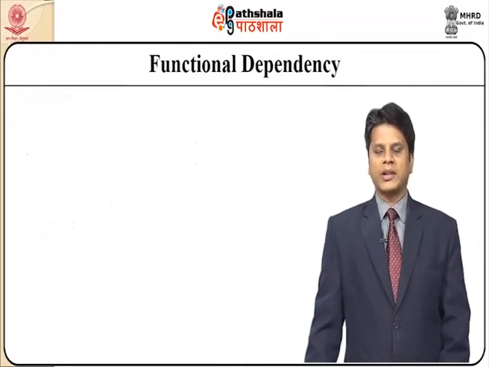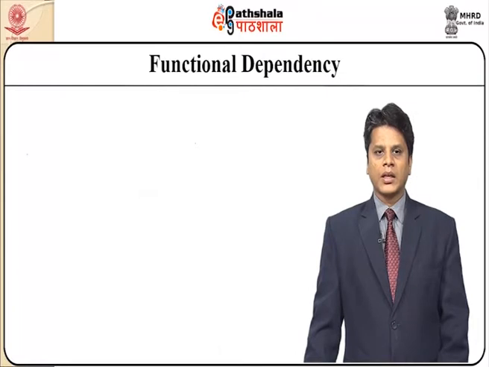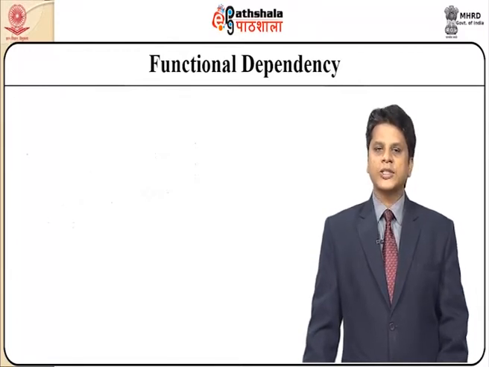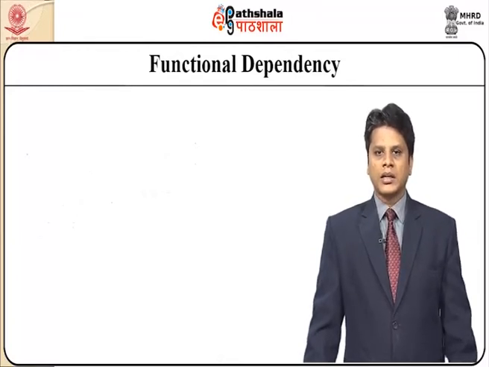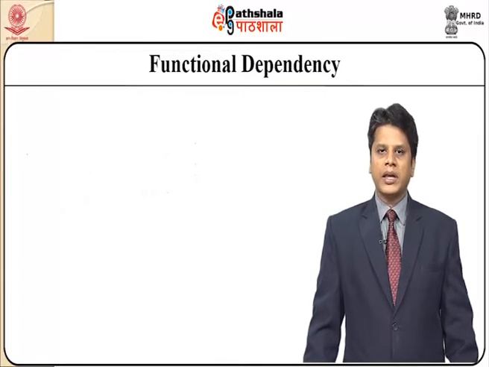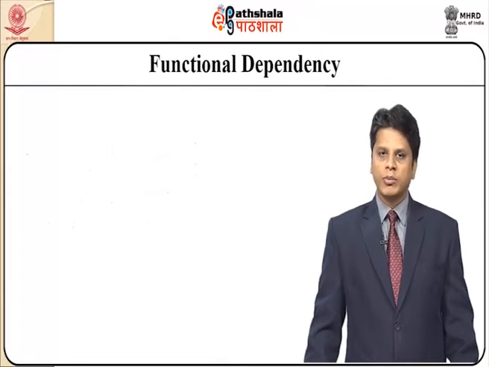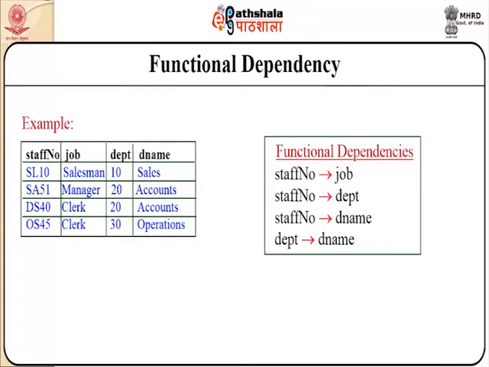If you look at this particular example, having 4 different attributes: staff number, job, department, department name. Let us look at what are the functional dependencies that this relation has got. Staff number implies, or staff number determines job, or job is functionally determined by staff number.